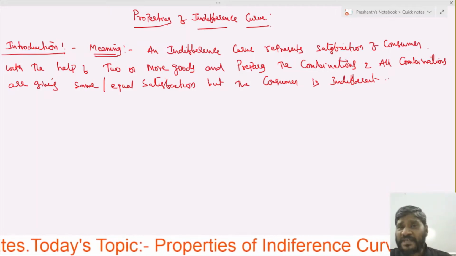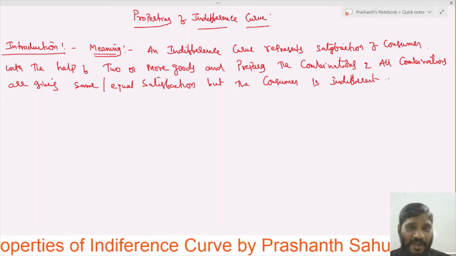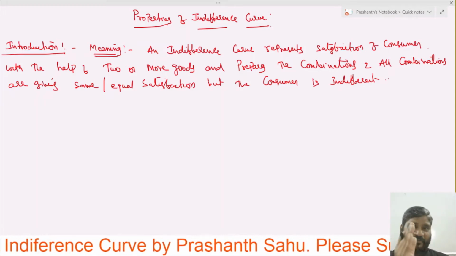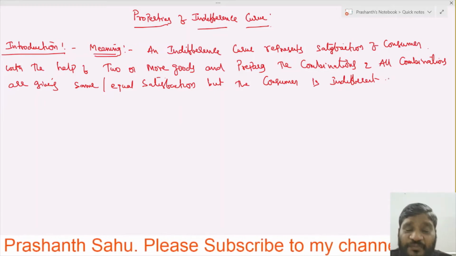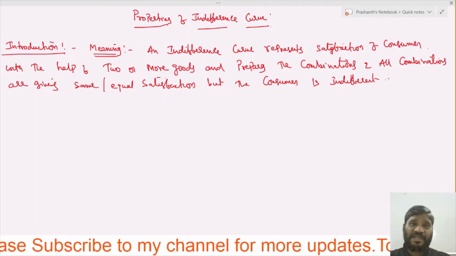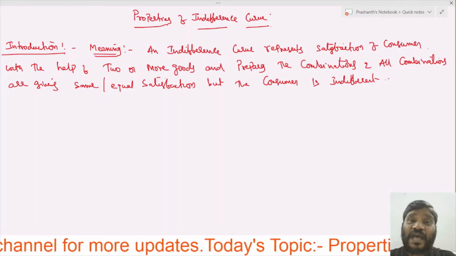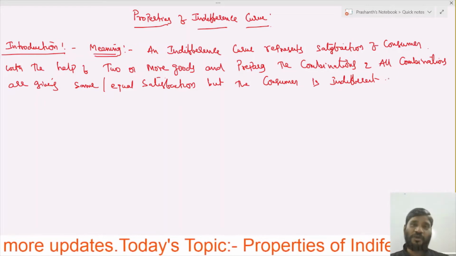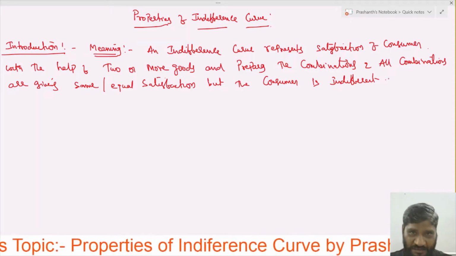And how will he select? He will select the combinations according to his taste as well as preference, right? In the previous topics we have discussed, he used to prepare the combinations where all combinations are giving the equal or same satisfaction, with the help of two or more goods, which we used to see in this indifference curve analysis.